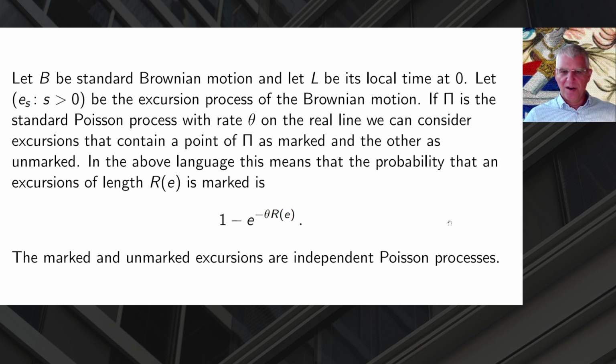The number of points in that green Poisson process is a Poisson random variable in any excursion, and it is marked if the number of green points is 1 or more, which means 1 minus the probability that we have no green points in that excursion, which, because of independence, means that we have no points of a very usual Poisson process in a given fixed interval.